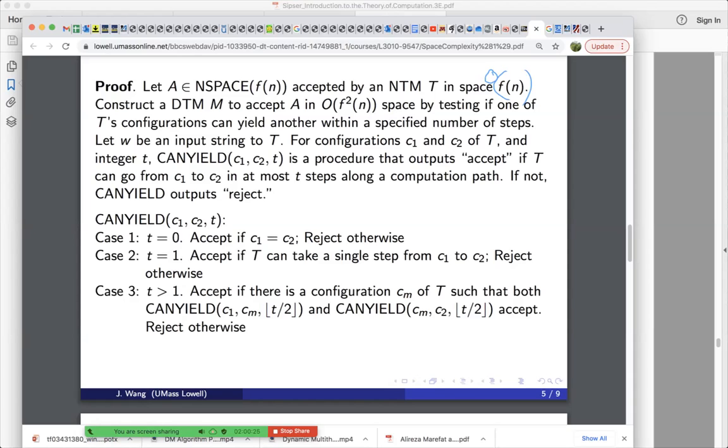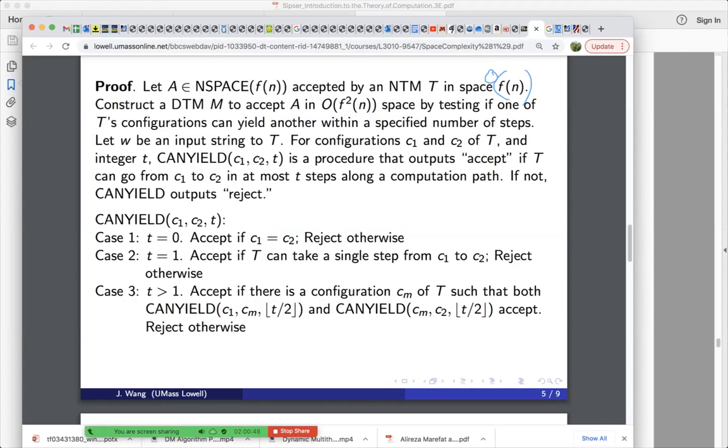When t is equal to 1, that means that in one step, we should go from C1 to C2. So then we can check it. We'll accept if T can take a single step from C1 to C2, reject otherwise. When t is greater than 1, then we are going to divide this t by half.